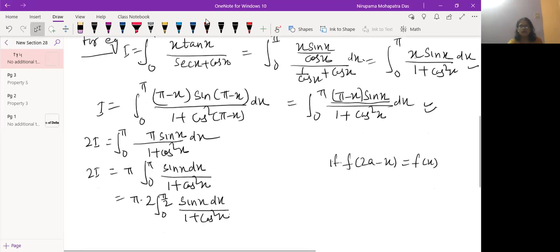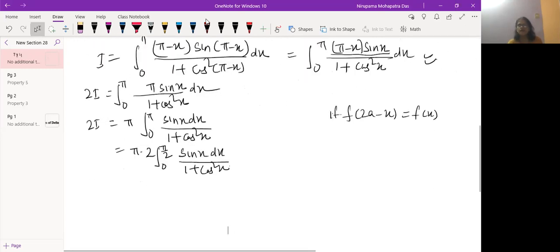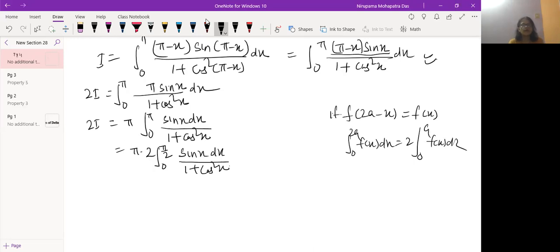Did you understand why we are doing this? Here we had 0 to pi, and we have made it 0 to pi by 2, twice of this. So this is your 2I. These two can be cancelled. So your I equals pi times integral 0 to pi by 2 of sin x dx divided by 1 plus cos square x.